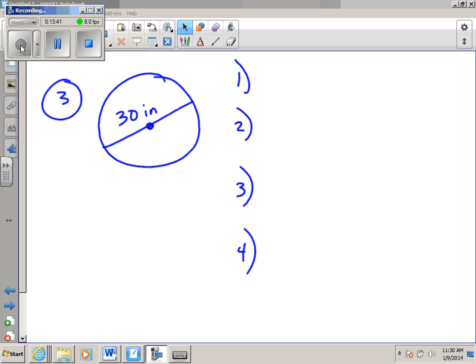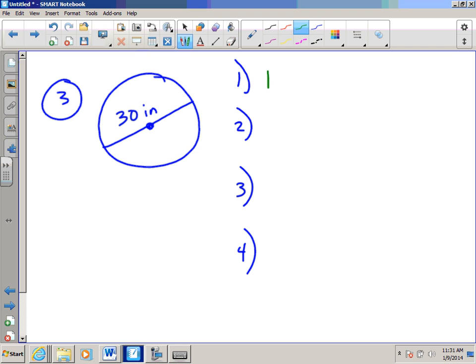Step 1. Find R. Yes. 15. Okay. So step 2, 3.14 times 15 times 15. 15 times 15 is not 30. Okay, so don't make that mistake. A lot of people go ahead and they make that mistake even with the calculator in front of them. Plug in the numbers. You can't go wrong.